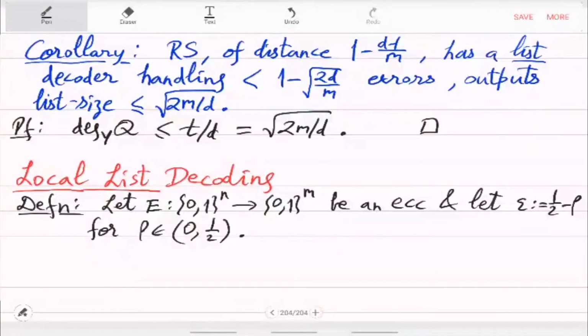Okay, rho will again be the local list decoding parameter, the fraction of errors. There is no meaning to epsilon except how close is rho to half. Okay, at half for a binary code you will not be able to do anything. But just below half, what can you achieve?